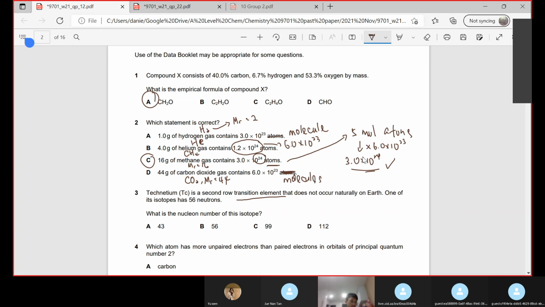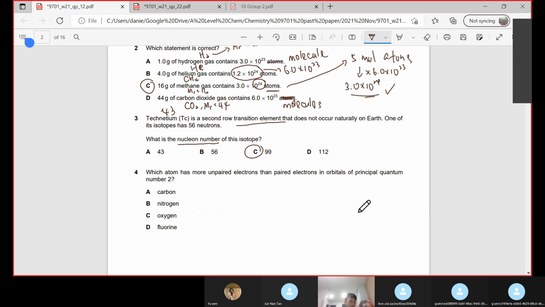From here you notice they're asking about the nucleon number. The proton number is 43, so 43 plus 56 gives the nucleon number, 99. This one is quite easy.